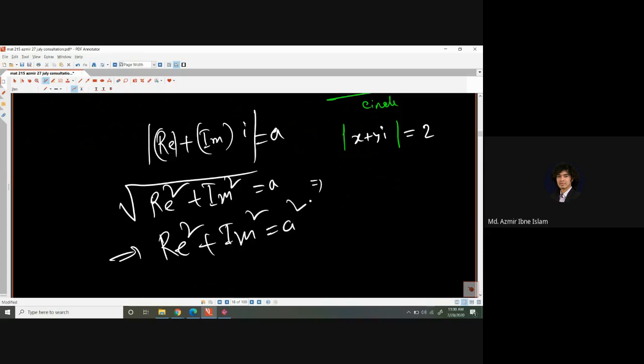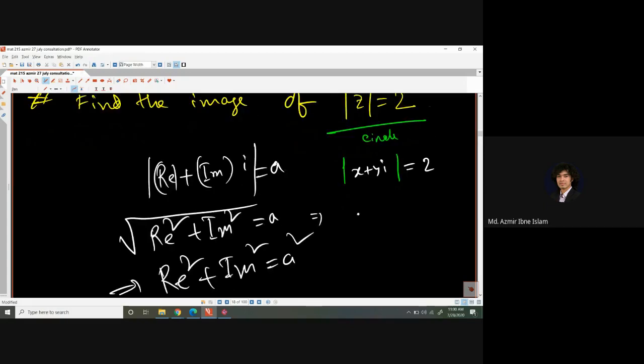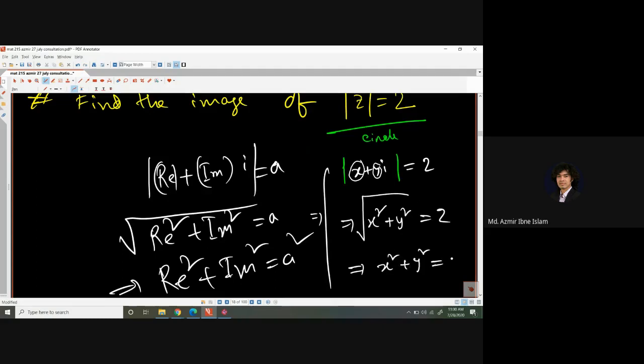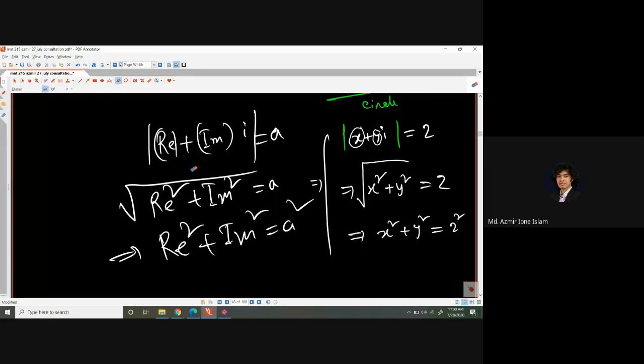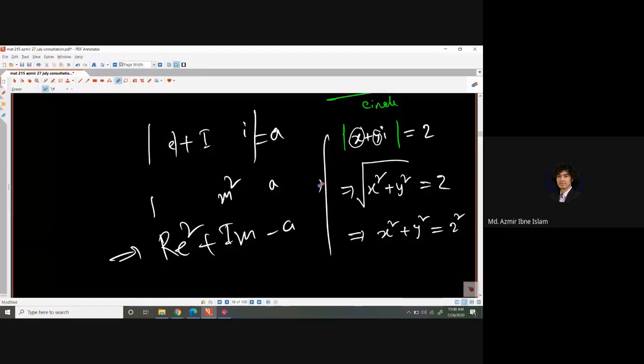So here we have real part squared plus imaginary part squared, square root equal to 2. That means you have x squared plus y squared equal to 2 squared. We have squared both sides. Clear? Okay.